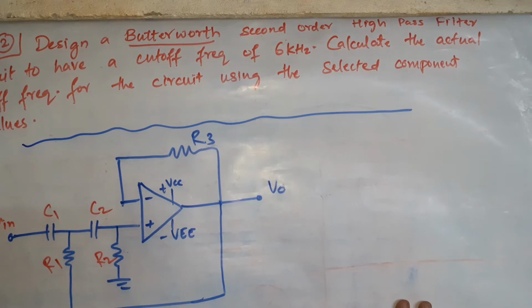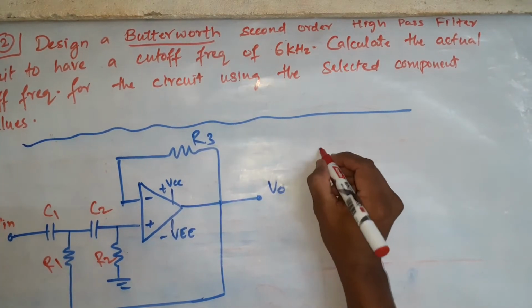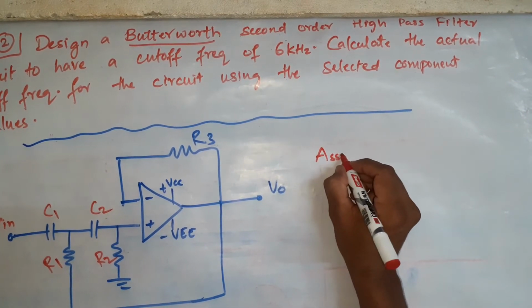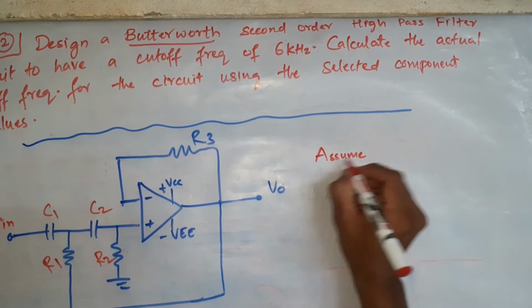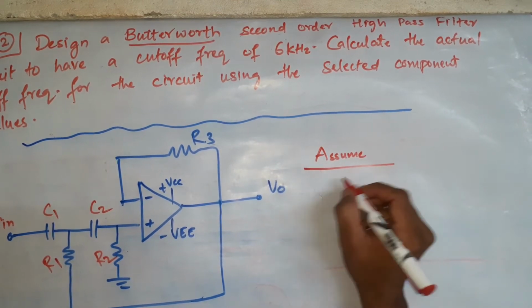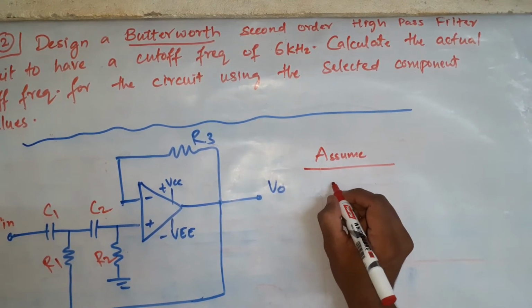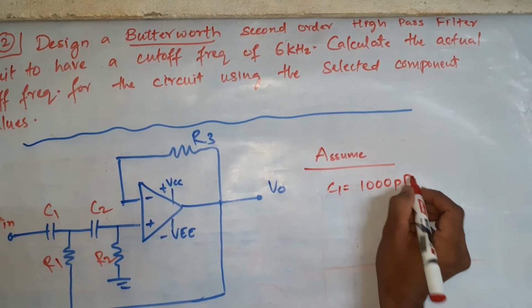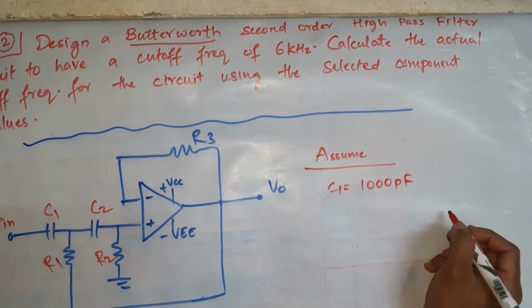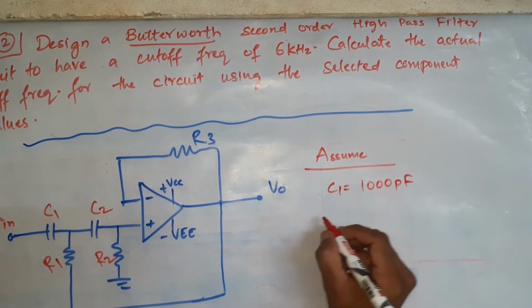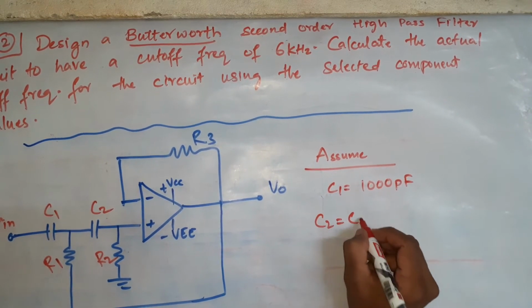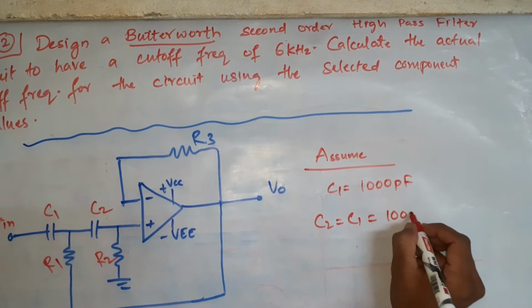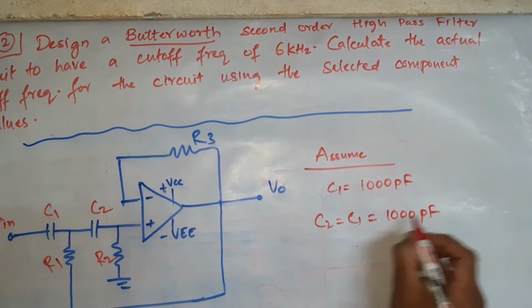Now you need to make some assumptions. It's very simple. Start by assuming capacitor C1 as 1000 picofarad, a very small value to start with. As per our design we know that C2 equals C1, that is, both will have the same value.